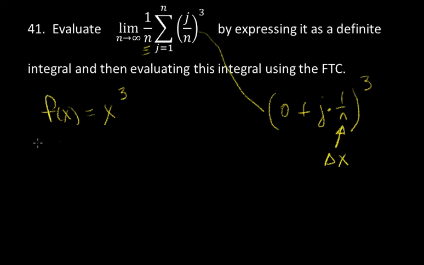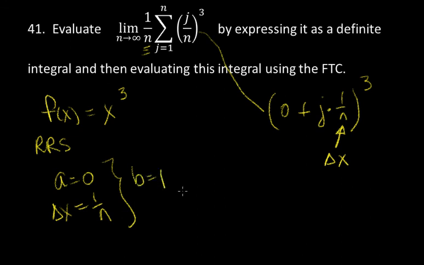The counter is going from 1 to n. It's a right Riemann sum for this function. A is equal to 0 and delta x is 1 over n. Together that gives us b is equal to 1.